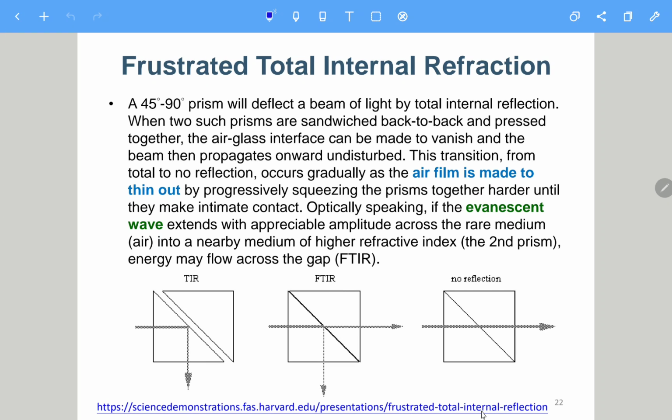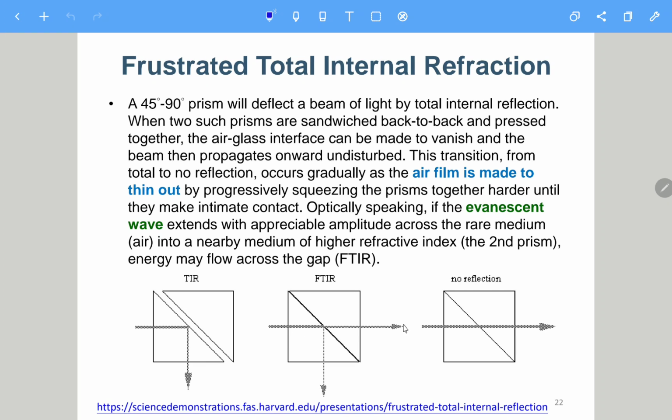If you have interest, you can try to check it out in this link. The frustrated total internal refraction is like if you place these two streams close, but with a small gap, then it will not have a total internal refraction anymore.